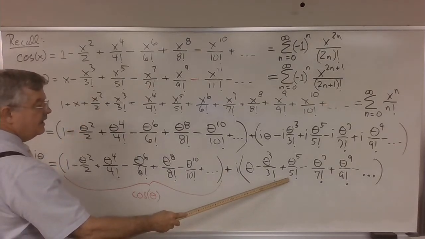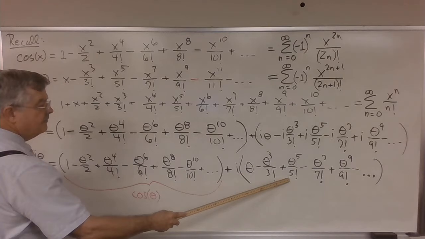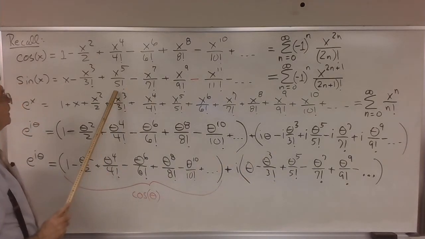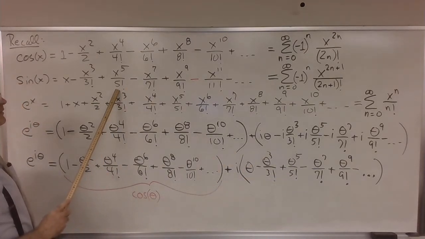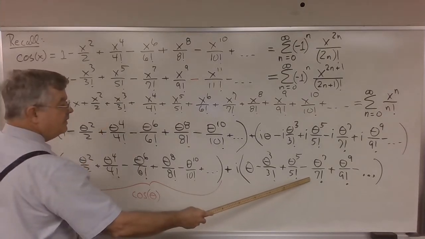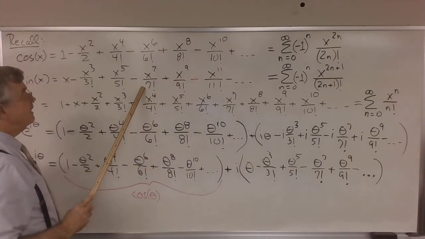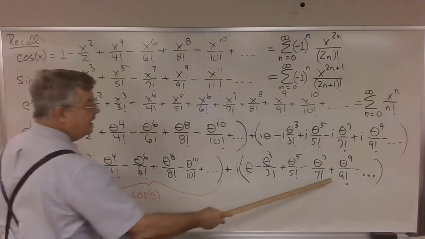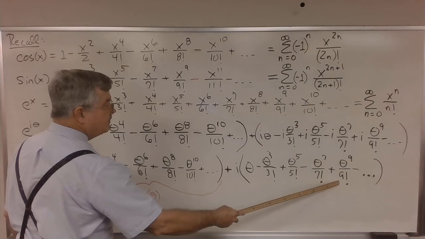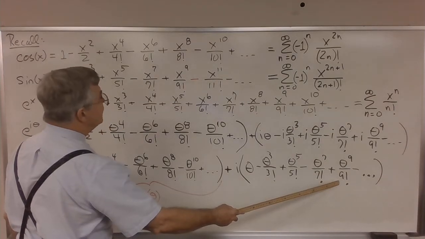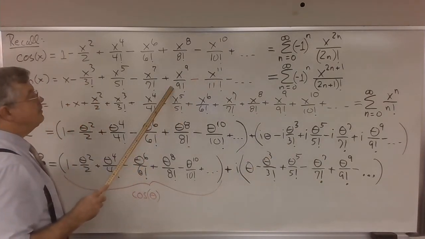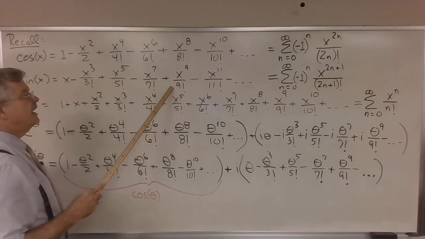Down here we have theta to the 5th over 5 factorial. Up here we have x to the 5th over 5 factorial. Down here we have negative theta to the 7th over 7 factorial. Up here we have x to the 7th over 7 factorial. And down here, theta to the 9th over 9 factorial, and up here, x to the 9th over 9 factorial.